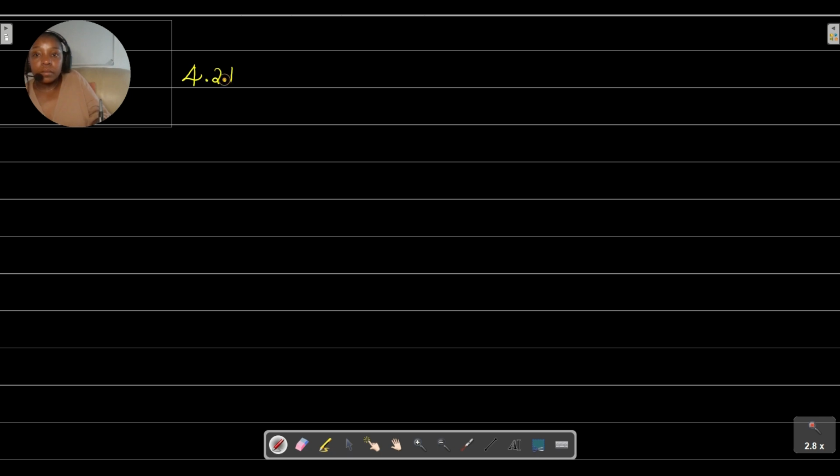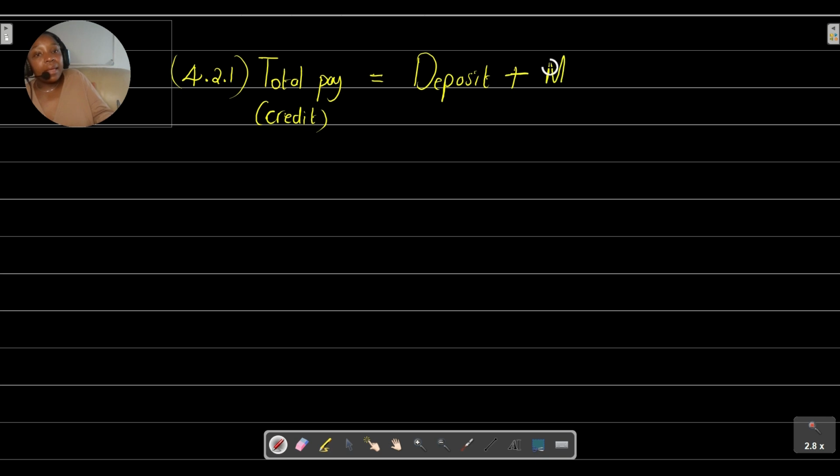So to get the total amount, question 4.2.1, to get the total that he'll pay if he buys it on credit, we are going to take the deposit and then add the total installments. So what does that mean?